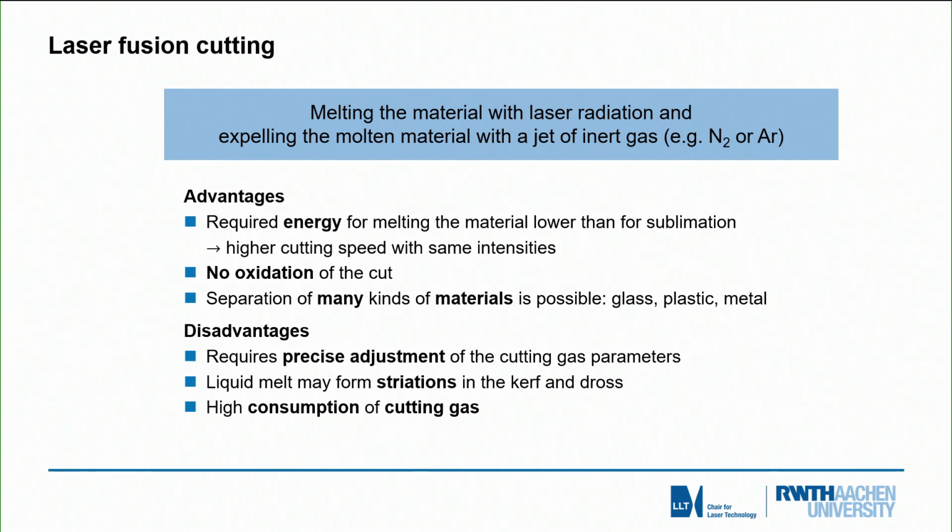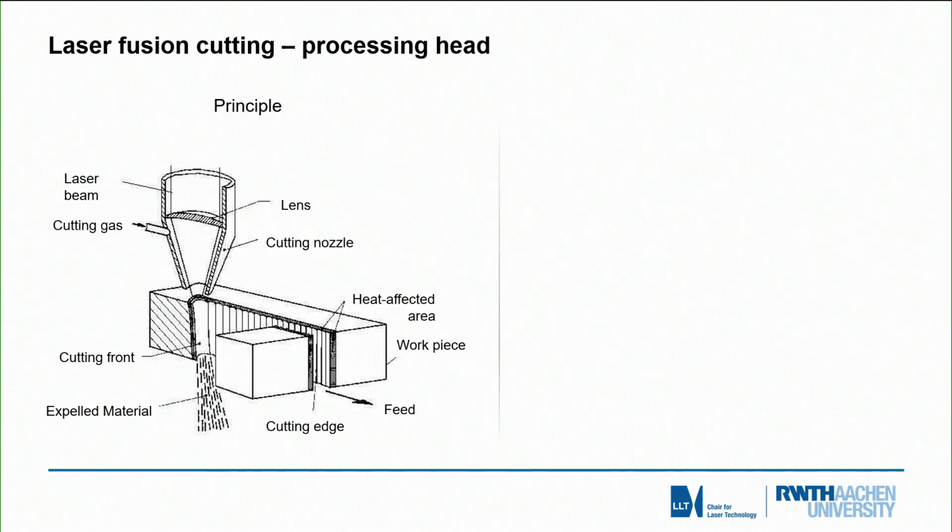That is the precision and the repeatability of the precision in the positioning of all the relevant components in a laser cutter. Liquid melt forms striations. So these striations, as we will learn, are very systematic. Then they can lead to dross, which we don't want, of course. And sometimes in these inert gas supported cutting processes we get pretty high consumption of cutting gas because we work with pressures up to 10 to 20 bars in the corresponding nozzles.